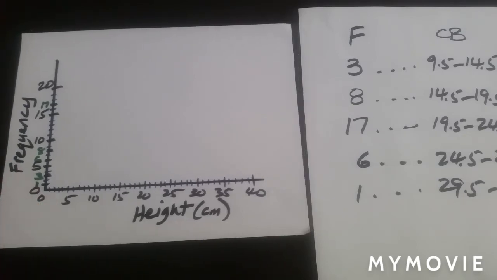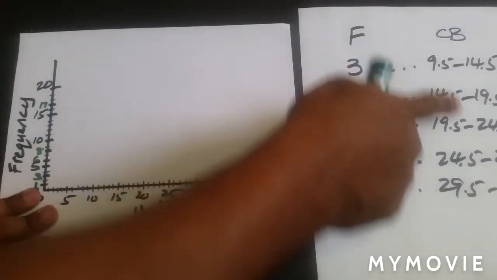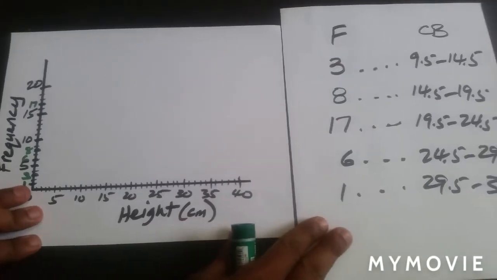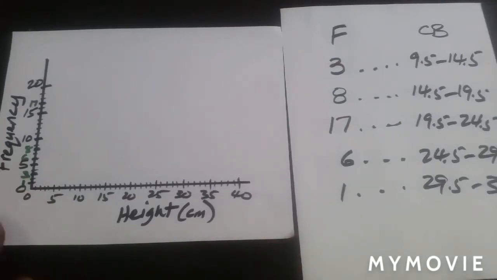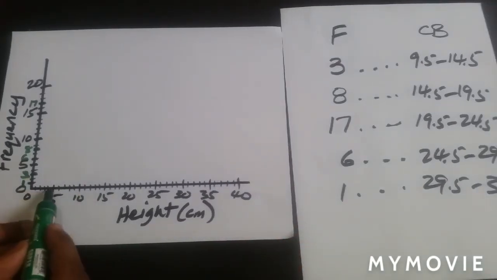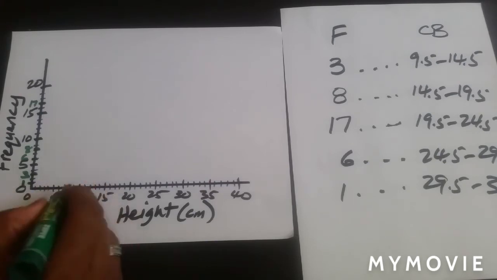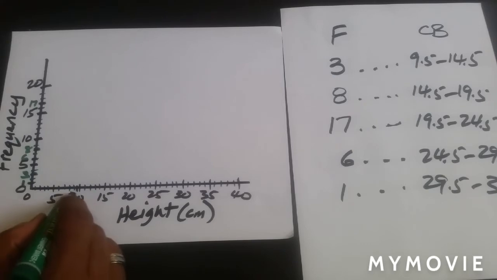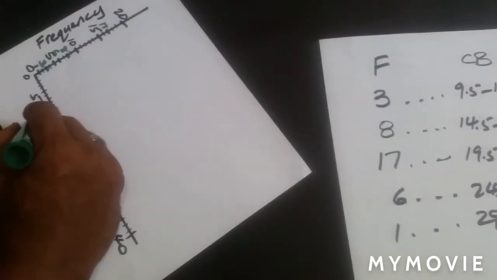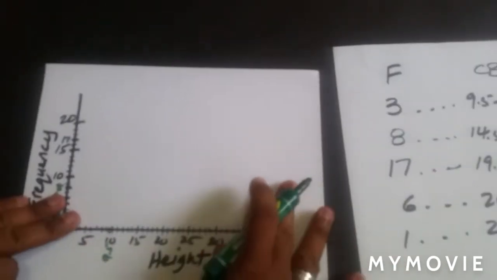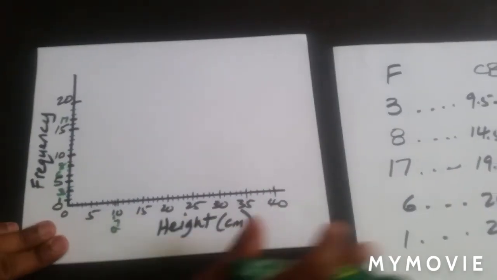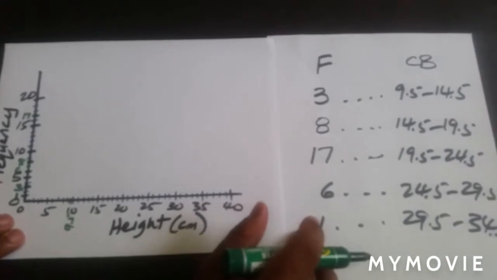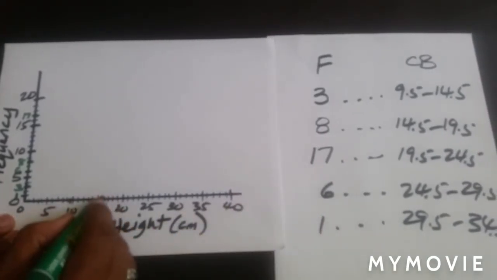What I want to do is pinpoint now the boundaries for here on this axis. So I want to pinpoint the boundary. So where would 9.5 be now? So this is 5, 6, 7, 8, 9. So 9.5 would be between 9 and 10. So I'm just going to indicate this as 9.5. So I'm just going to go ahead and find those. Next one would be 14.5. So we're going to find 14.5. Would be between 14 and 15.